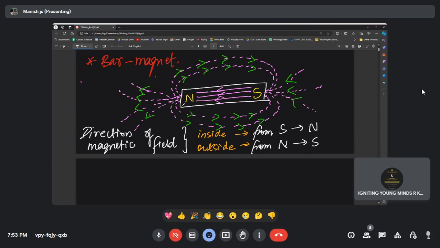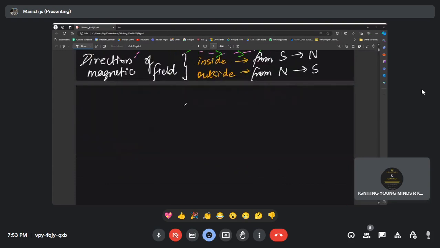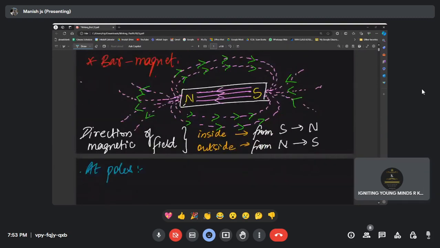All right. Now we will try to visualize how the magnetic field strength is at the poles. You can see the poles, how many magnetic lines of force are coming, and you can also look at both the poles, north and south, and even between.